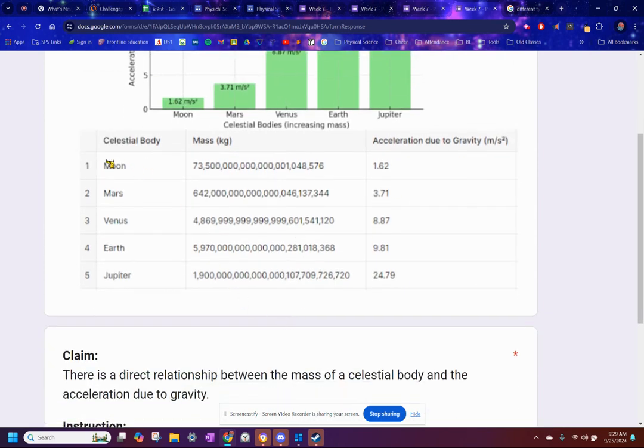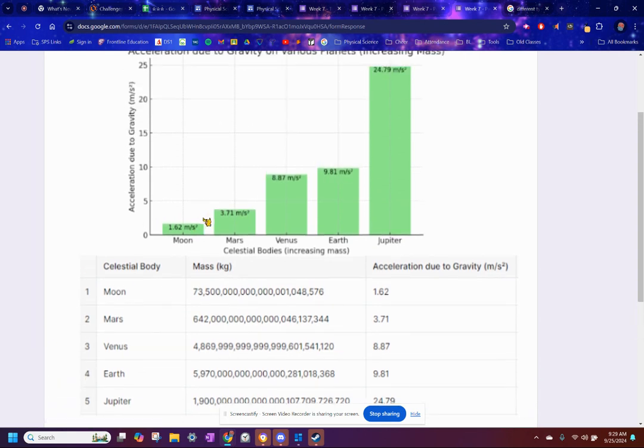So I just need to pick 2 things to compare. Let's just pick the moon and then another one. It really doesn't matter which one I compare because any one of these would show a direct relationship. So let's just do the smallest and the biggest.